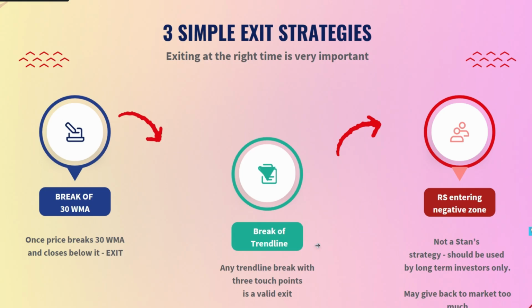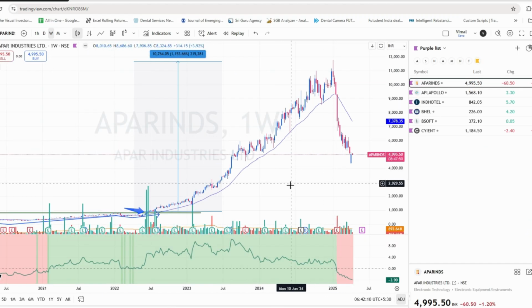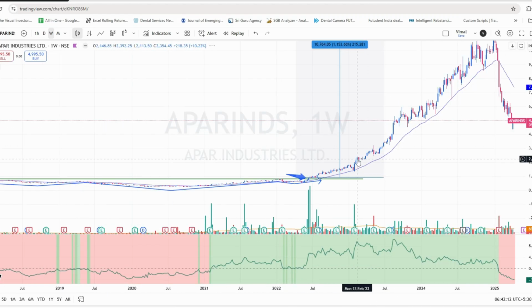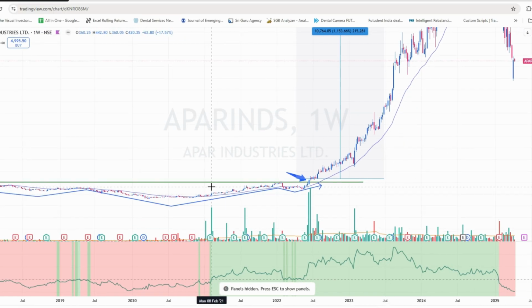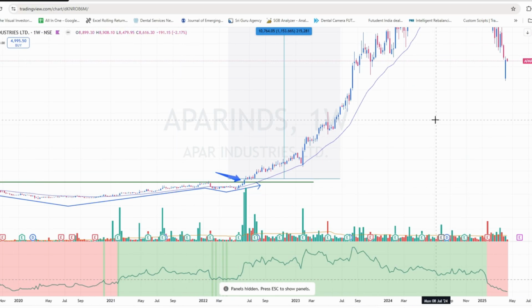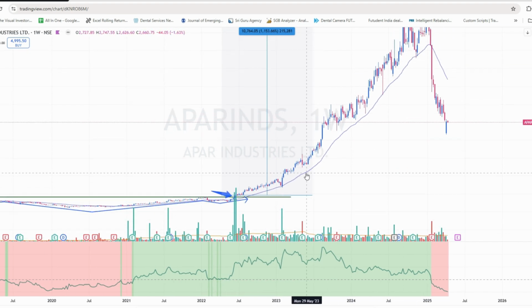So let us see how we can exit in the stock examples I gave earlier. The first stock we were talking about was Apar Industries, right? After the breakout here, it started to move up. Can you see, not even once has the 30-week moving average been breached.